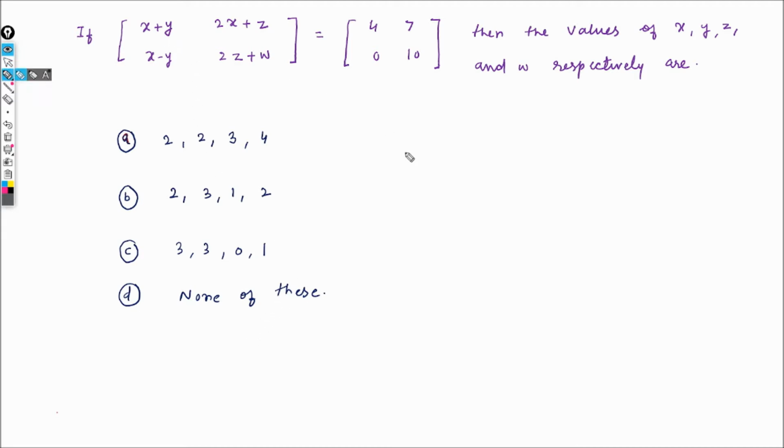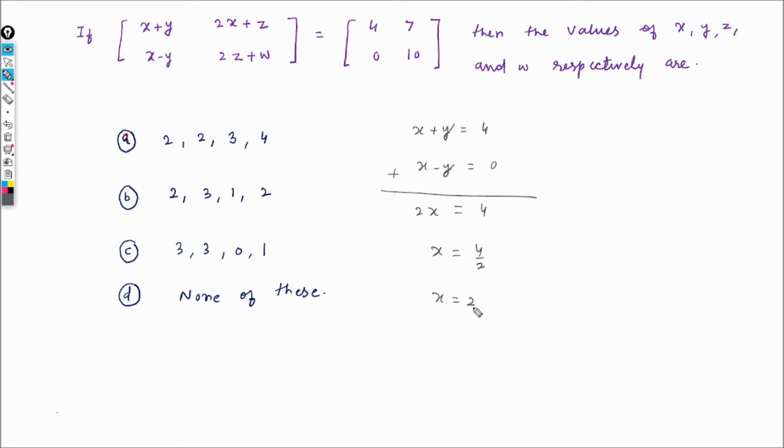By equating, we can write, since the two matrices are equal, x plus y is equal to 4, x minus y is equal to 0. So let us solve these two equations. If we add, this is 2x, the y terms get cancelled, 2x is equal to 4, so x is equal to 4 upon 2. That means x is equal to 2.